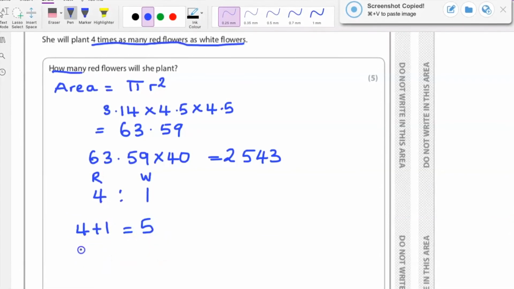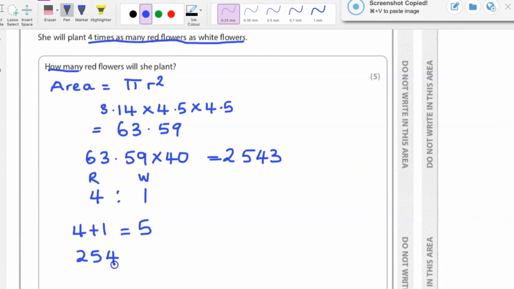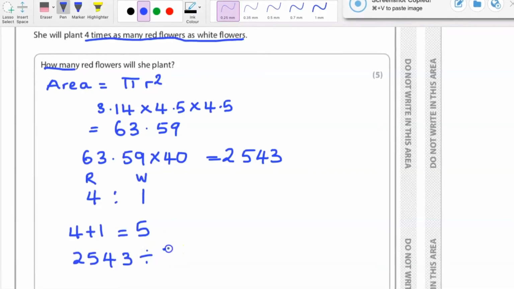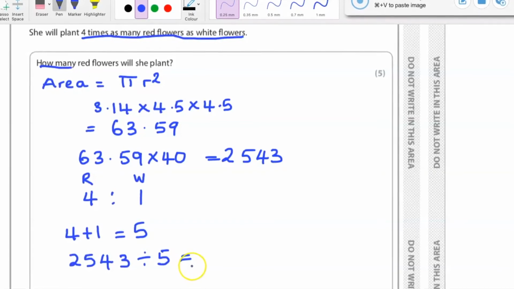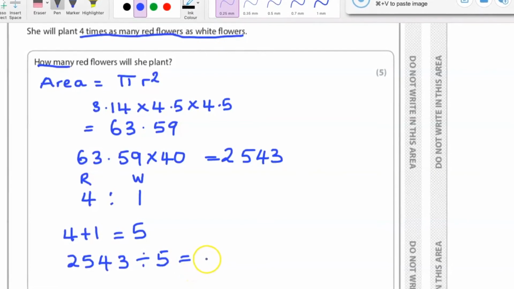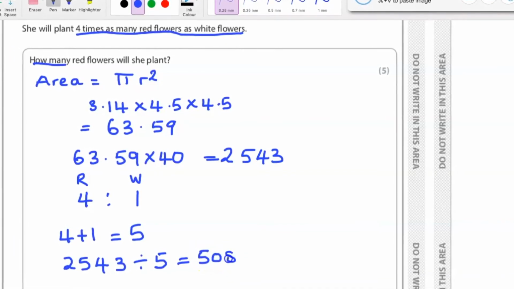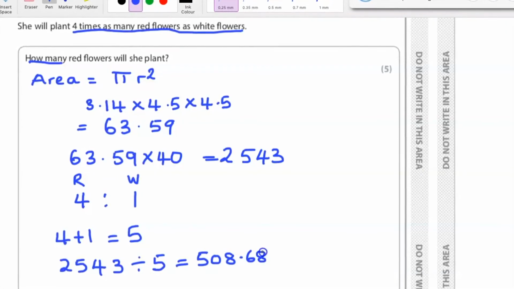Therefore, 2,543 divided by 5. If you type this into your calculator, it will give you 508.68.